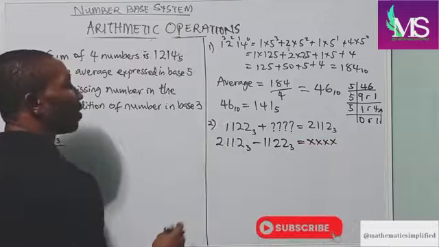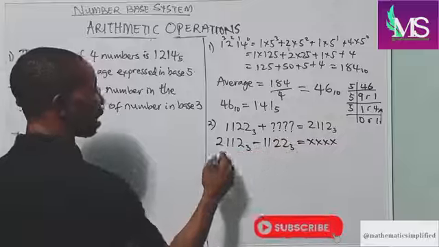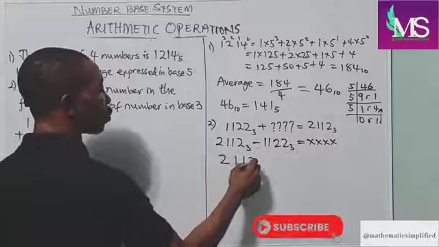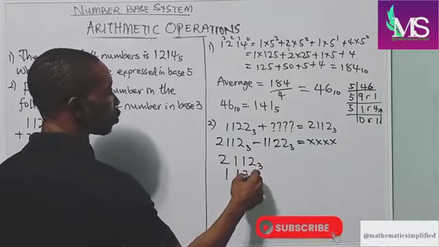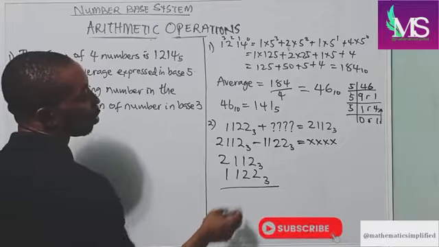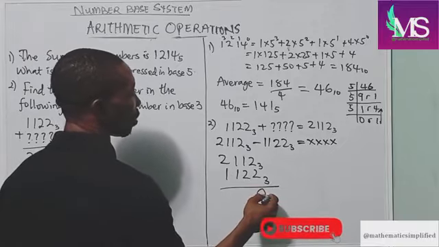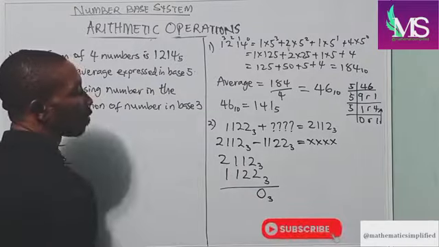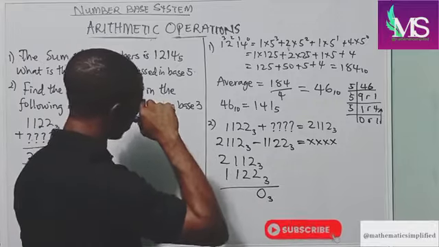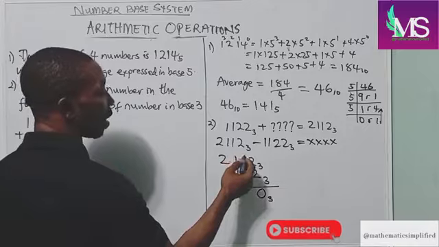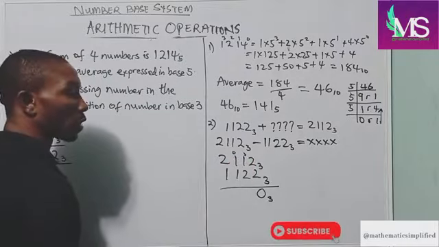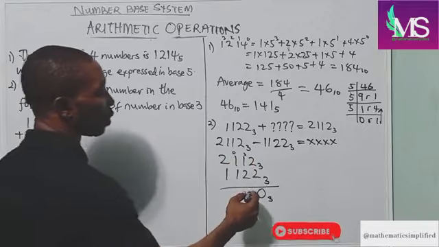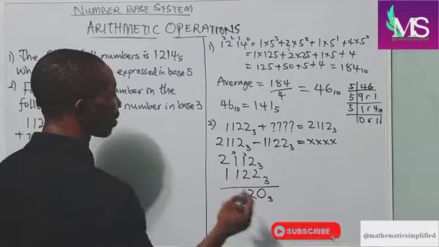Alright, now having this, we can solve this out: 2112 base 3 minus 1122 base 3. 2 minus 2 will give us 0. Remember, it's in base 3. So 1 minus 2 cannot. If we borrow 1 from here, this becomes 0. Adding 3, 3 plus 1 will give us 4. So 4 minus 2 will give us 2.